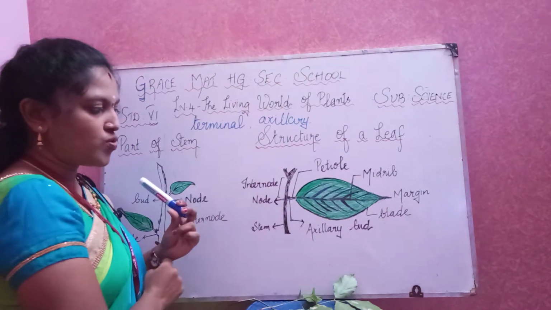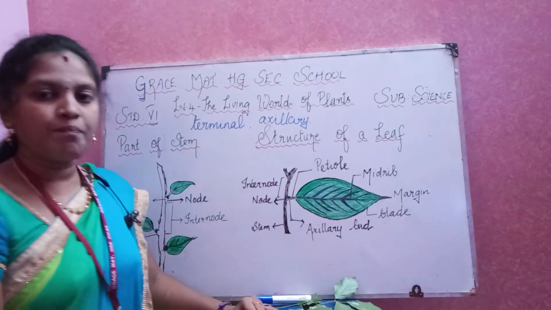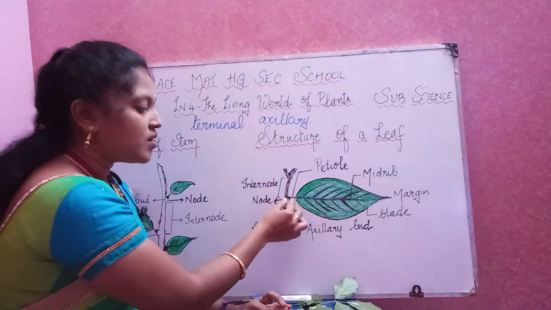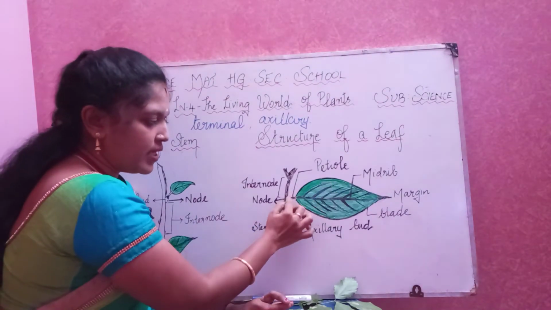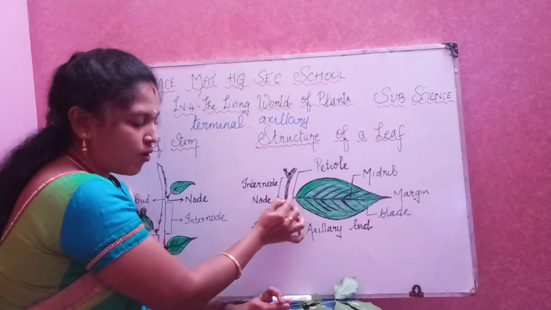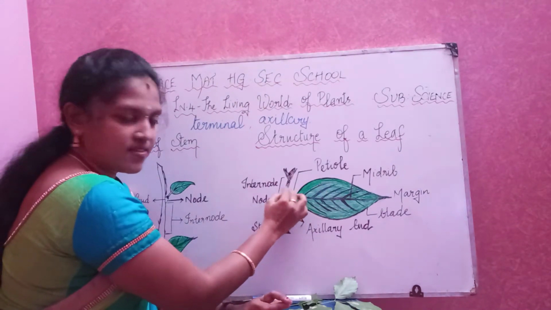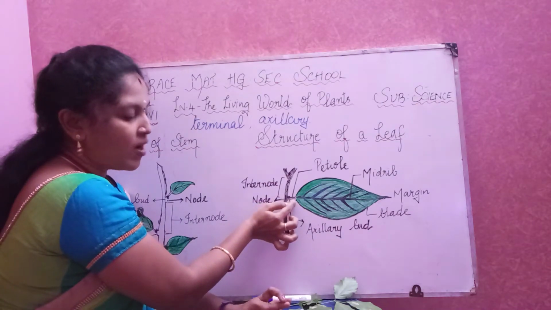Axillary bud is also seen, and you should also know about the other part, the region of the stem from which the leaf arises. This base part is called the leaf base.